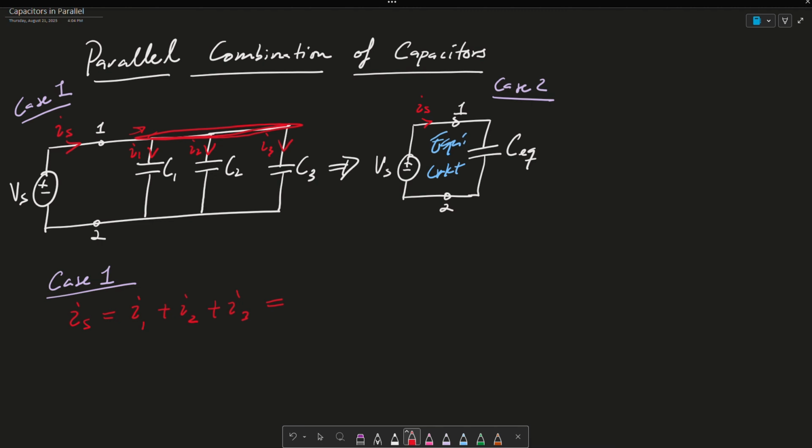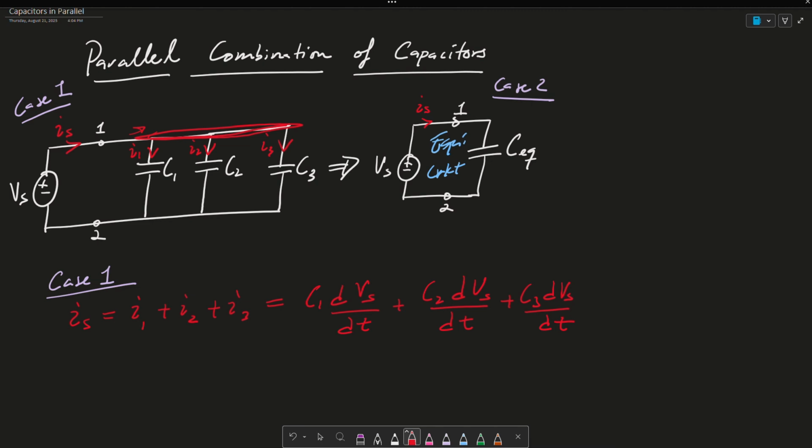But we know that I1 can be written as C1 times the change in voltage, dVs over dt, plus C2 times dVs over dt, plus C3 times dVs over dt.